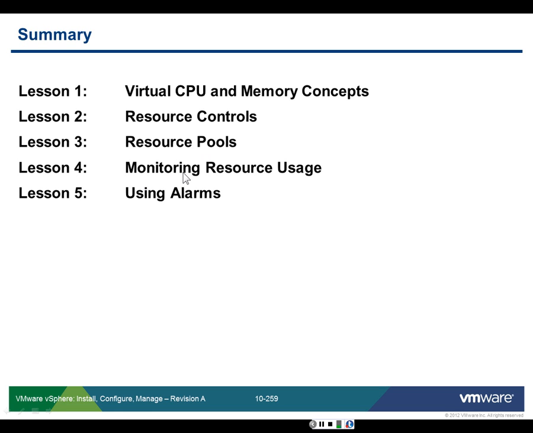We can use the performance chart to monitor resource utilization to determine when CPUs are maxed out or when memory is maxed out, and we can use alarms to alert us when certain conditions or events occur.